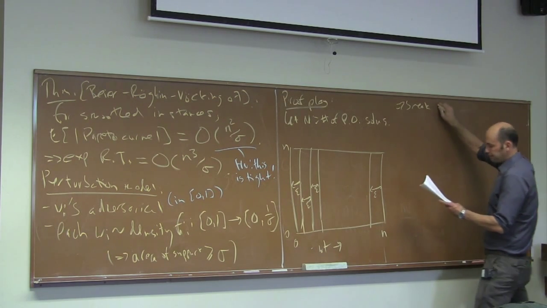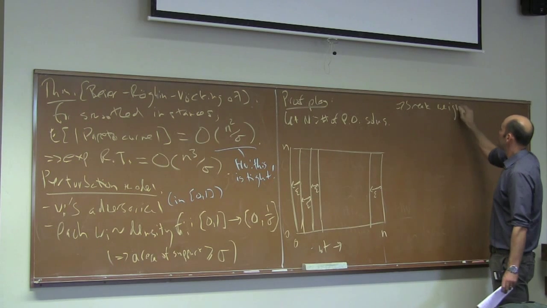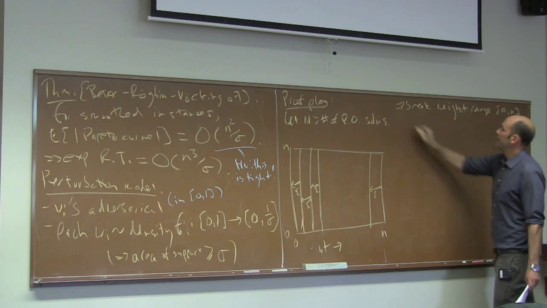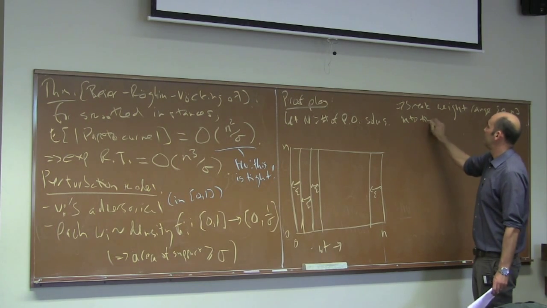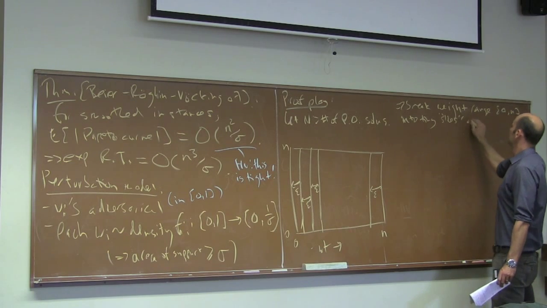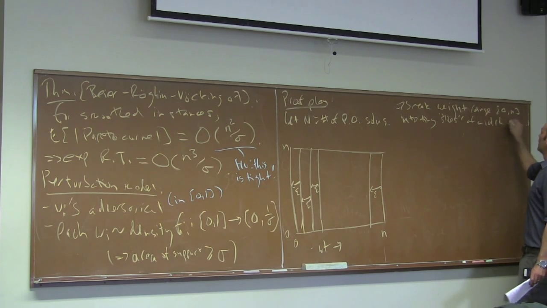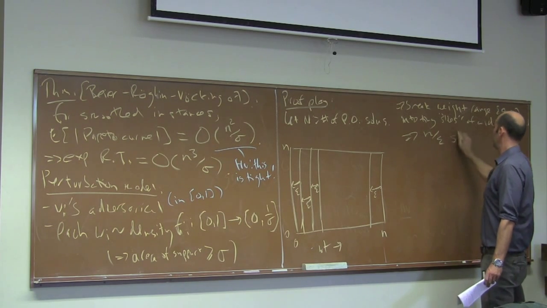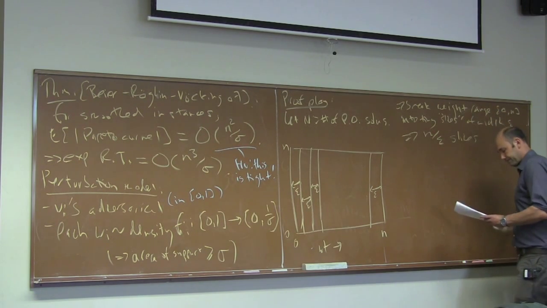So we're going to break the weight range, 0 to n, into tiny slices. Think of epsilon as very small. So there are n over epsilon slices.